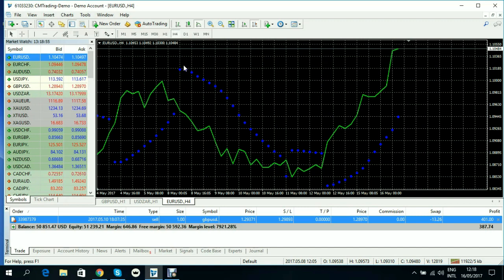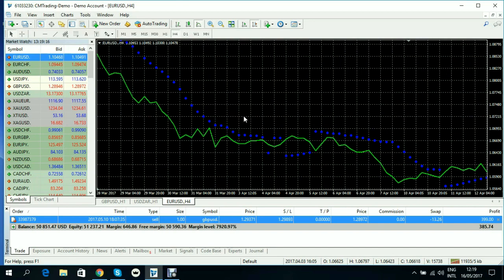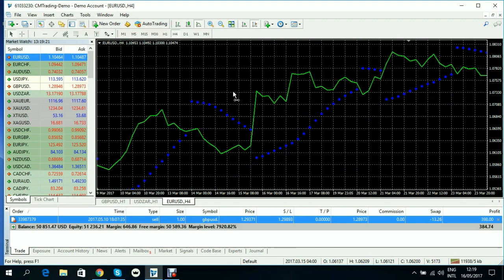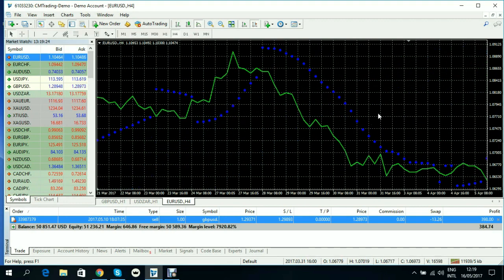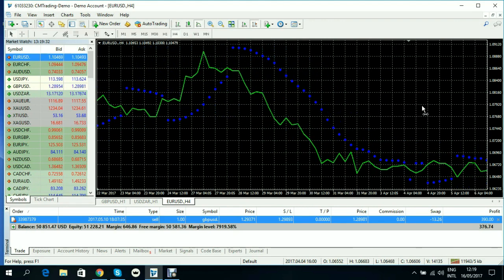Alright, so now if we understand how to enter the sell and how to enter the buy, good. You can see the evidence is clear. Even if we go back to check the history, you will find out that this indicator is a very powerful indicator, and it requires a lot of patience.